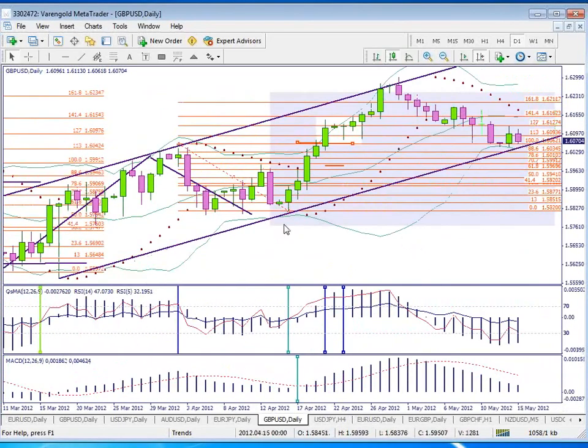For example, here into this point, we have somehow like a channel here. So also we will have some waves into 4 hour time frame.